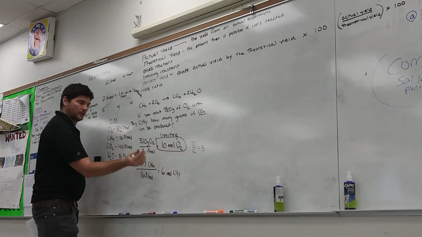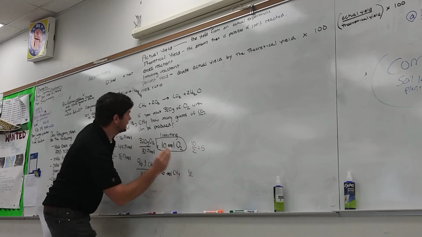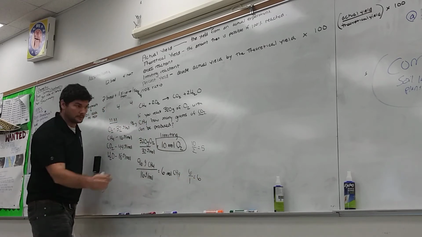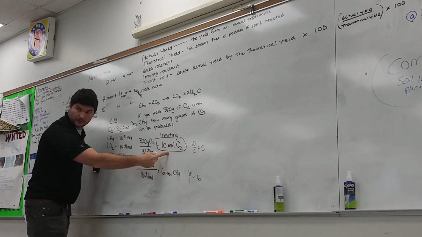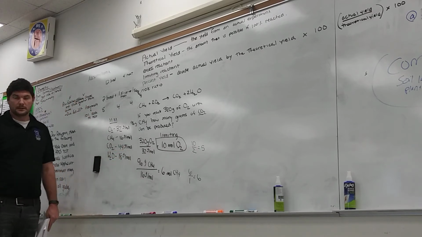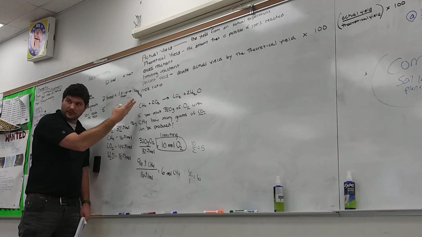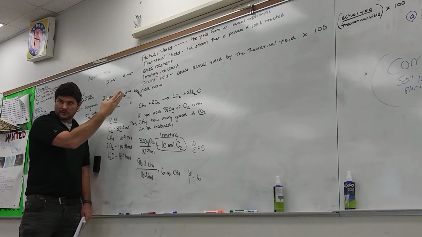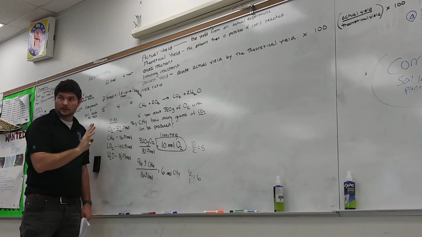What do I get by 6 divided by 1? 6. Which number's smaller? That one. That's why that's your limiting reactant. It will always give you which one is the limiting reactant if you do that. You need to be careful to put the right coefficients in there. If you do that step every time, it'll tell you which one's right.